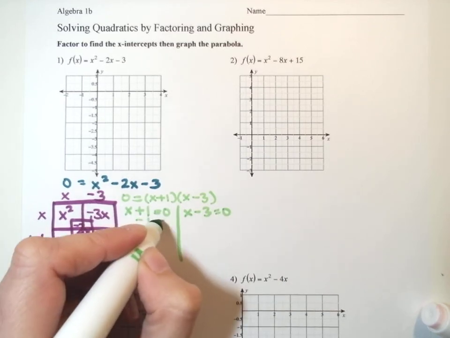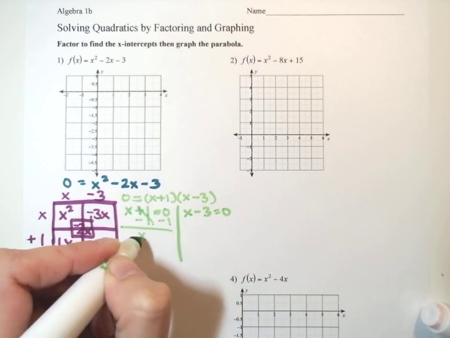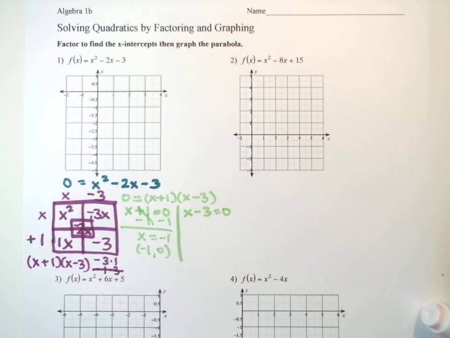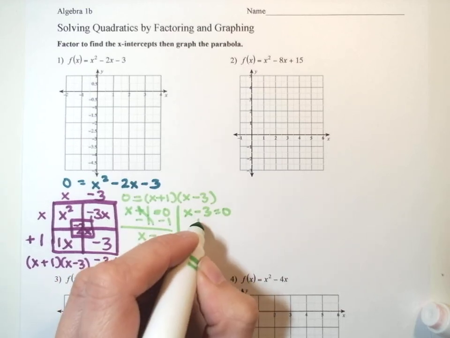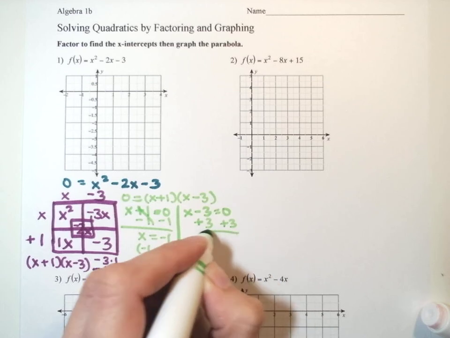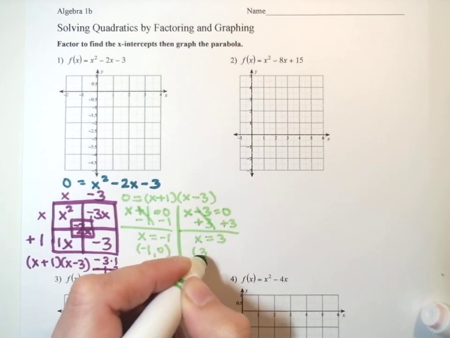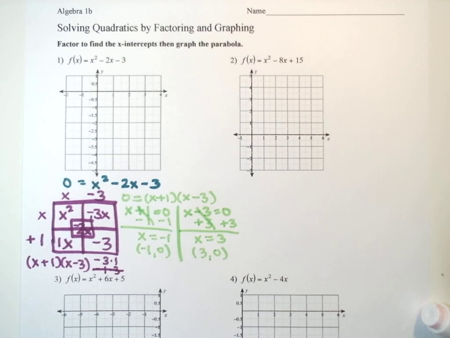So we subtract 1 from each side, and x equals negative 1. So our first x-intercept is negative 1, 0. Then we add 3 to both sides here. So x equals positive 3. And so our second x-intercept is 3, 0.